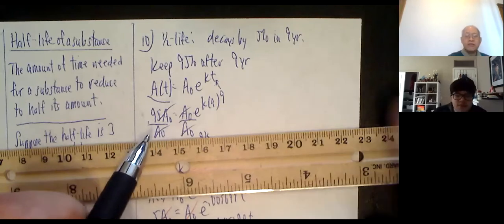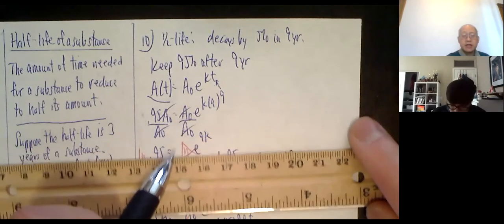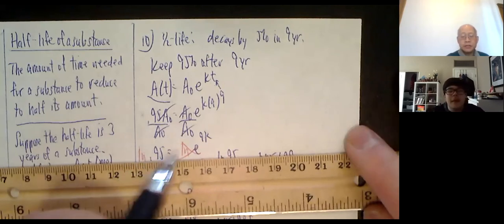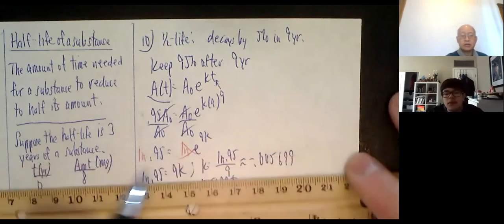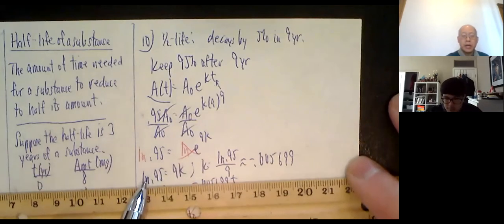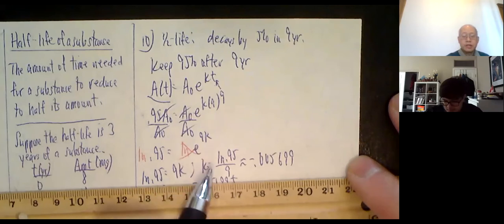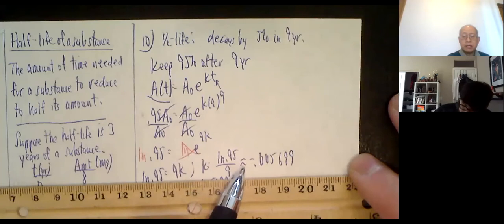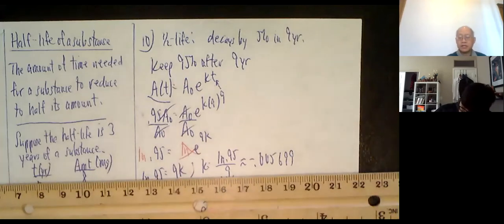Okay, so 0.95 equals e to the 9k. ln both sides, same stuff. Natural log, cancel, cancel. ln 0.95 is 9k. Divided by 9. K is ln 0.95 divided by 9, approximately negative 0.005699. Every now and then I'll show you on the calculator.